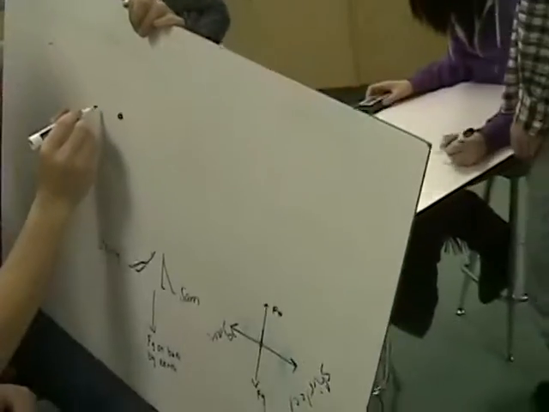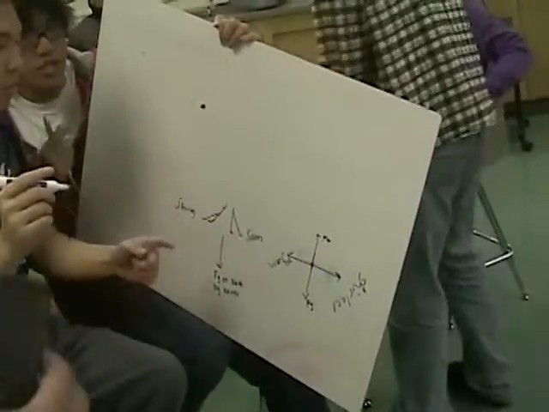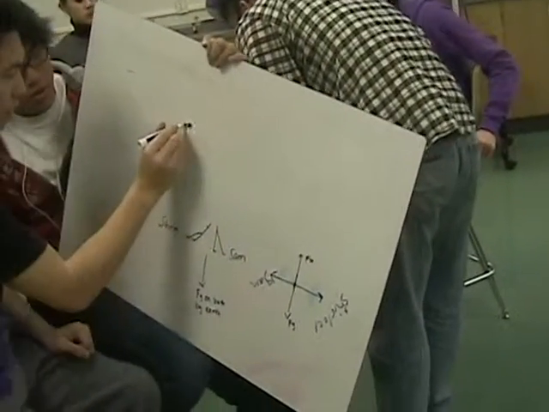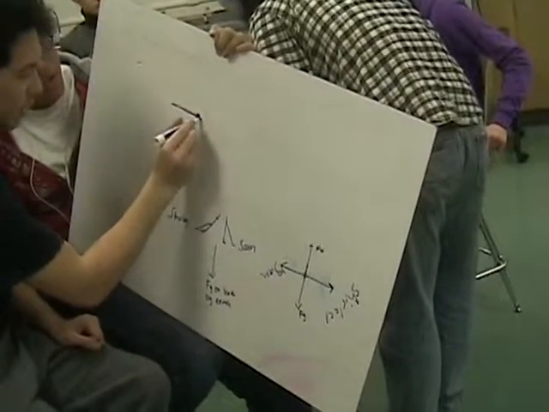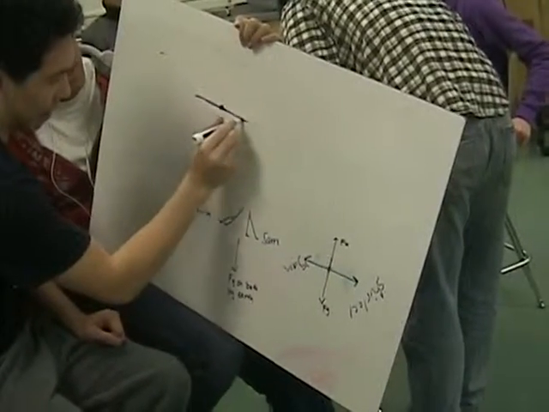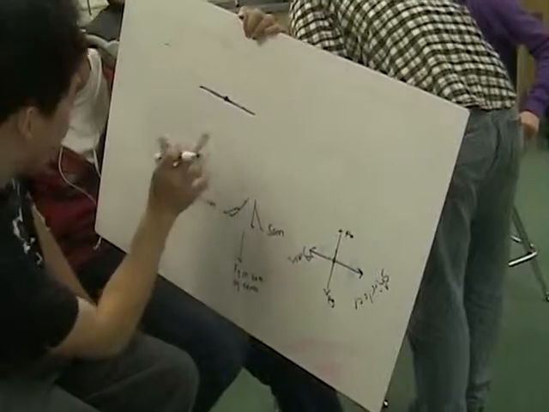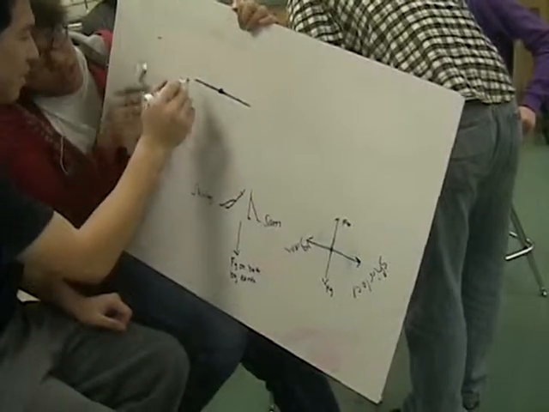Force of Lester against Cotty equals force of Cotty against Lester. Which direction was Lester pushing? I just want to make it accurate. Could you give that force a name? Force of Lester against Cotty.